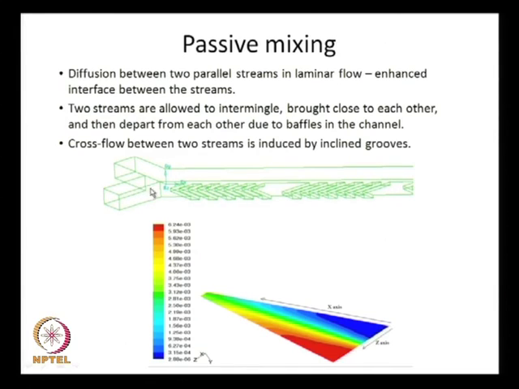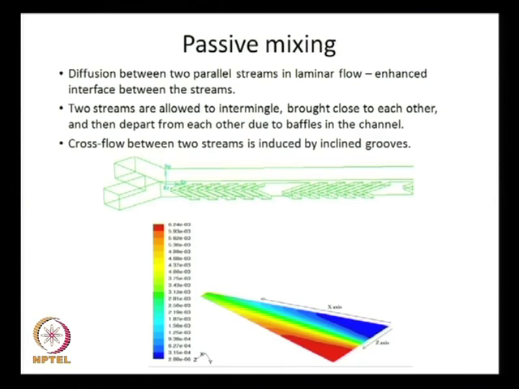When the flow takes place, suppose the two streams are coming from two sides, and you expect the two streams to mix. As the two streams enter the channel, these grooves at the floor of the channel will ensure that some portion of the fluid flows through the groove. When it flows through the groove, on the way it will drag the fluid which is above it.